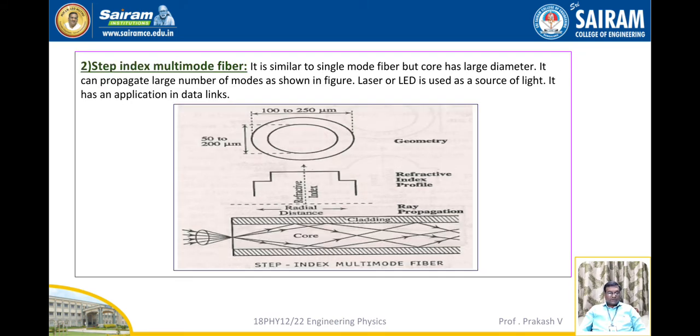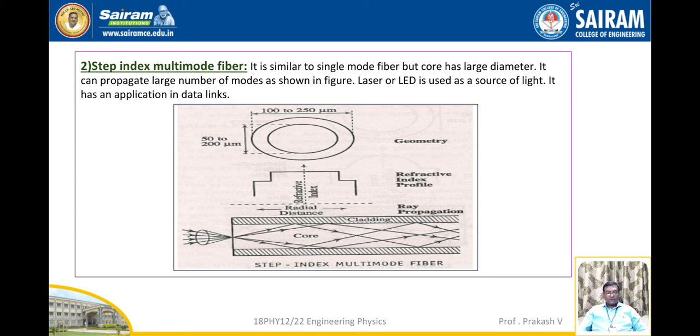Next, step index multi-mode fiber. The difference between single mode and step index multi-mode fiber is only the diameter. The diameter of core ranges from 50 to 200 micrometer, and that of cladding ranges from 100 to 250 micrometer.